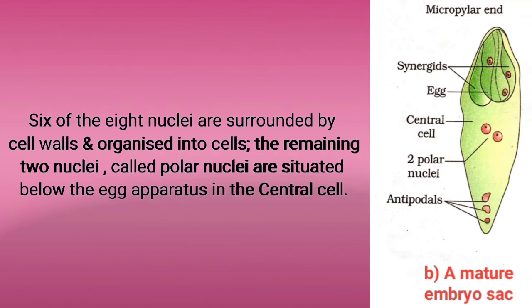Out of the 8 nuclei, 6 will be organized into cells. 3 nuclei will be at the micropylar end and the other 3 at the chalazal end. The remaining 2 nuclei, known as polar nuclei, will come to the central cell. As it is the middle part of the embryo sac, it is known as the central cell.